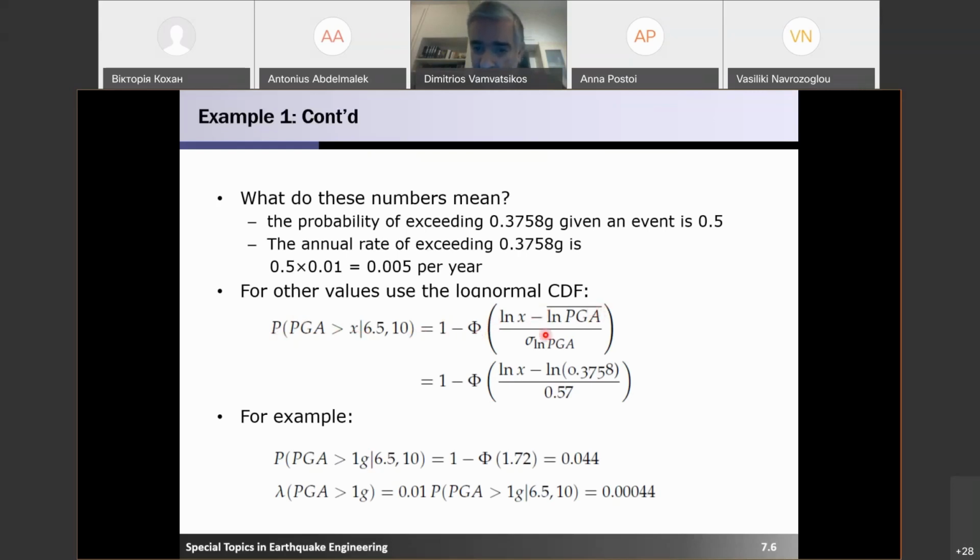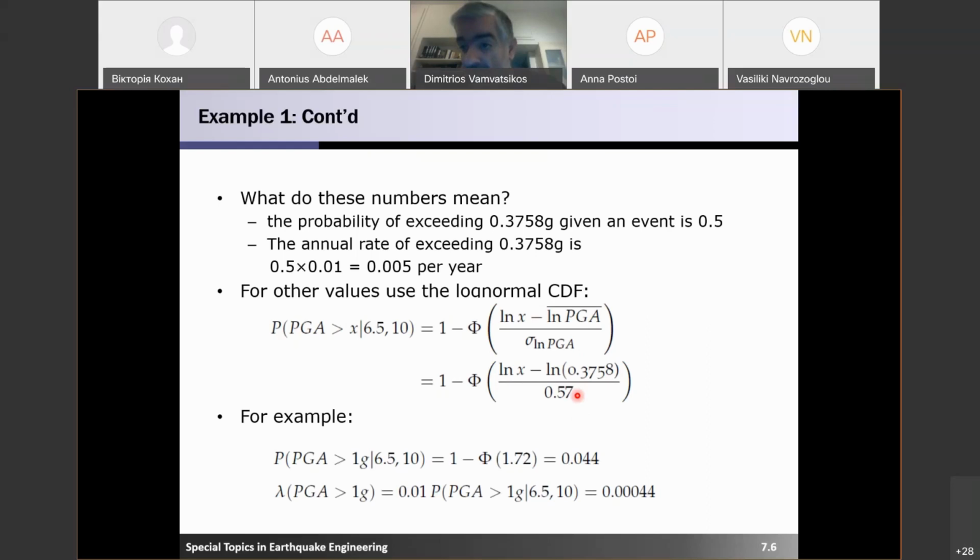This is your mean, and this is your standard deviation. Or if you put your numbers back in, 1 minus phi of ln X minus ln of 0.3758 divided by 0.57.